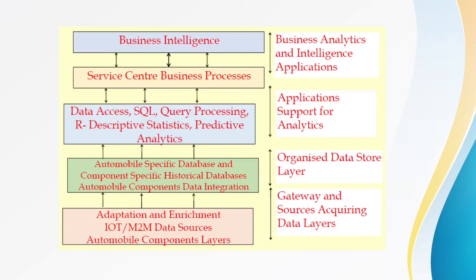So the gateway and the source acquiring data layers will make use of the network to organize the data store sublayer. Next we have adaptation and enrichment. Here are the Internet of Things or machine-to-machine data sources, automobile components and the sublayers.